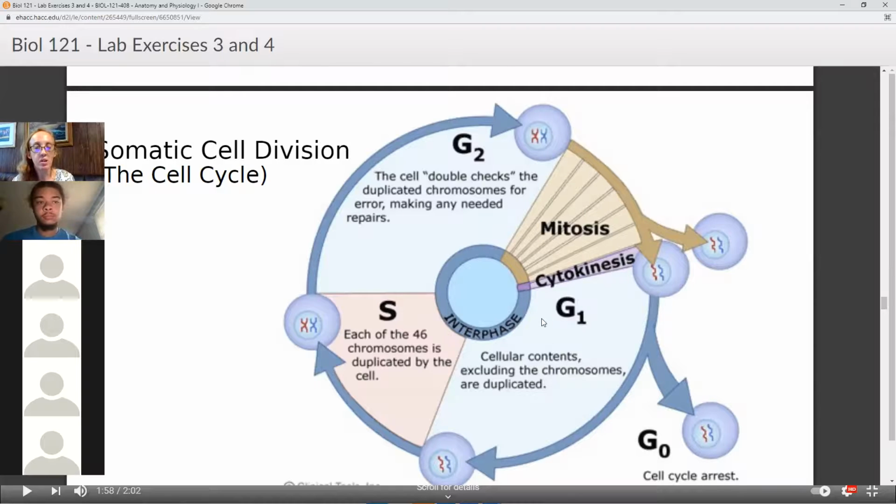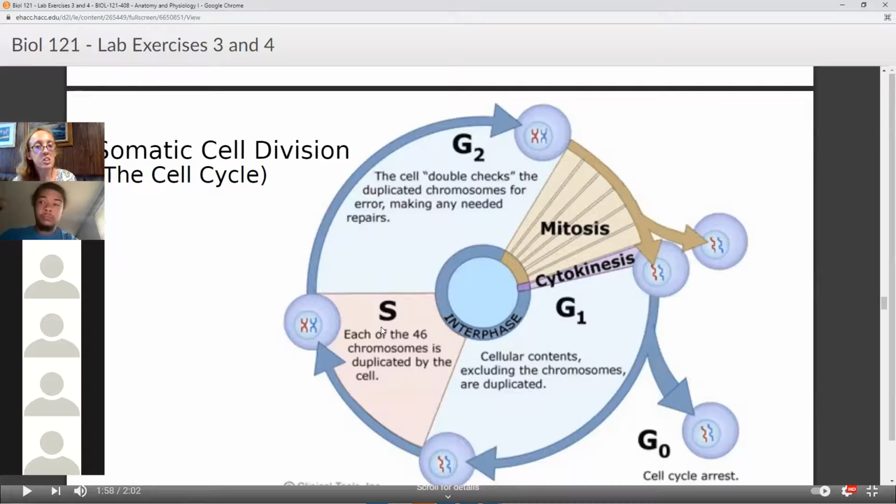So let me back up just for a second. This process is essentially the life cycle of a cell, but in this case, it's from birth of a new cell to division of that cell. So the cellular contents are all duplicated, except for the chromosomes in this stage.